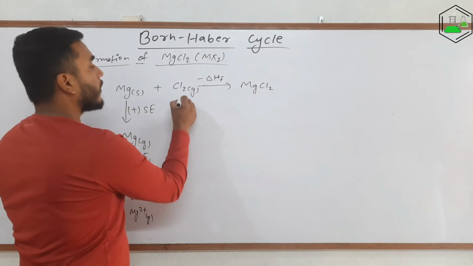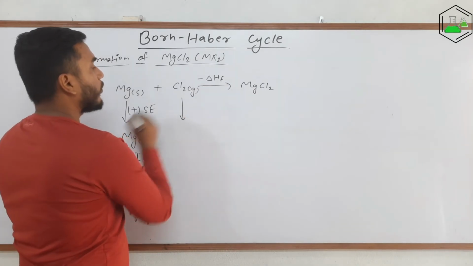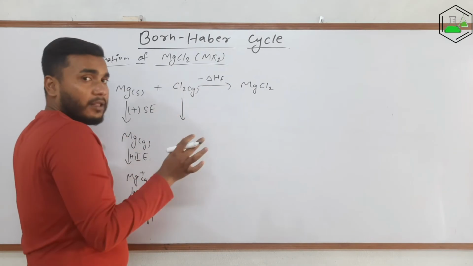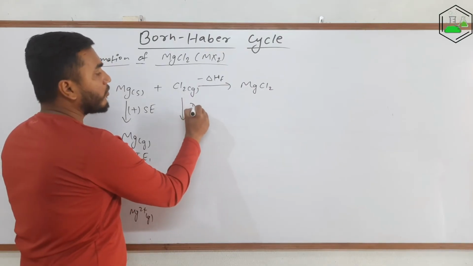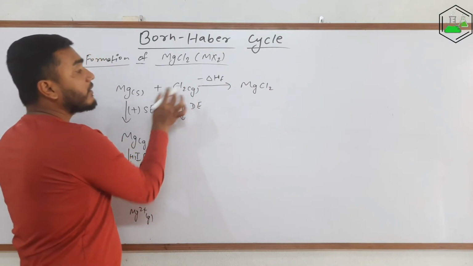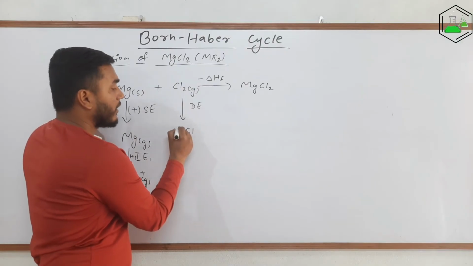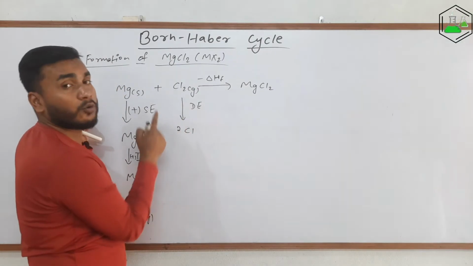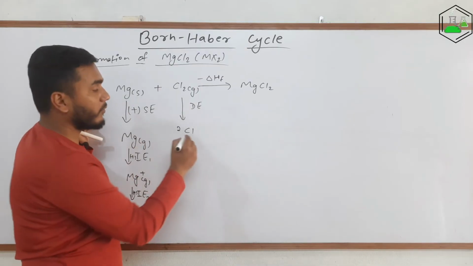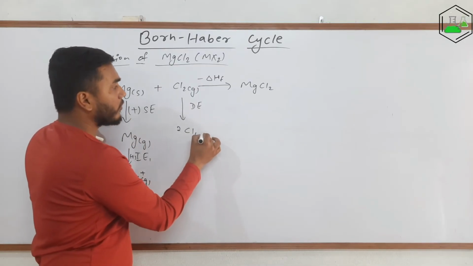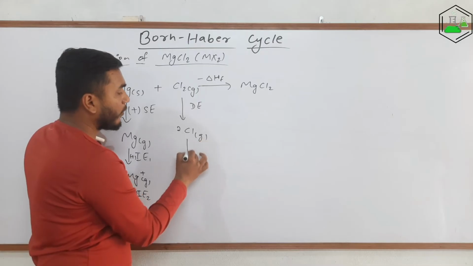Now similarly for chlorine, look here. Do we have to divide here by anything? No. So if we provide the dissociation energy, then this diatomic molecule will convert into the monoatomic, that is Cl. Now there will be 2 Cl because there are 2 Cl, and this is now in monoatomic form, right? So this is in gaseous state again.